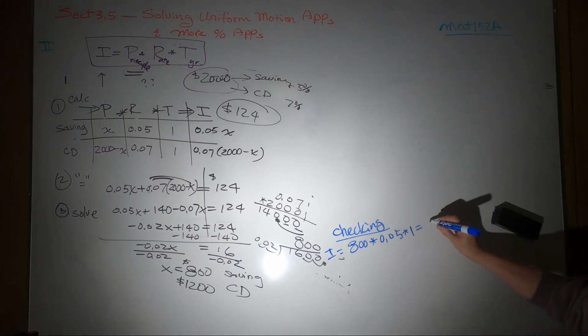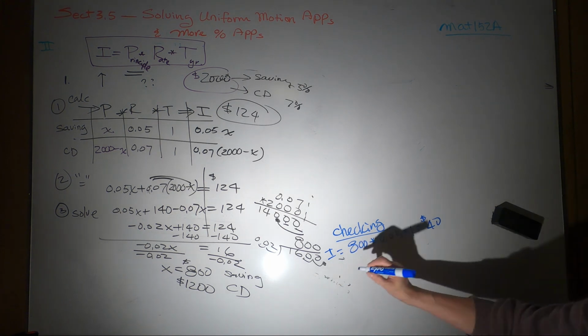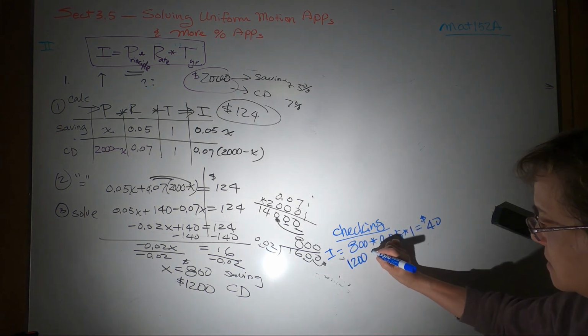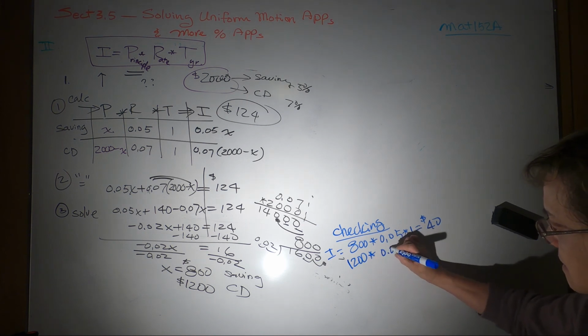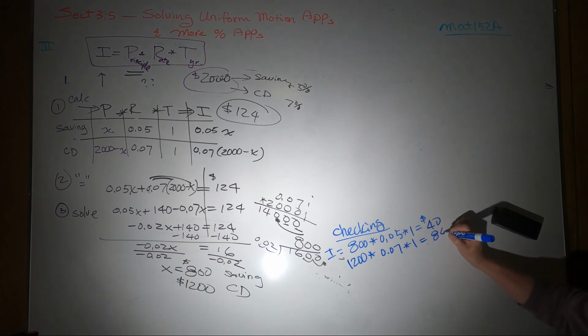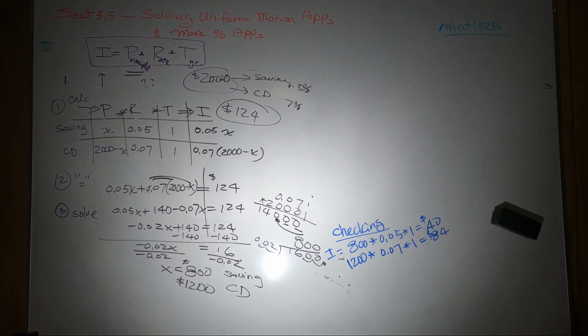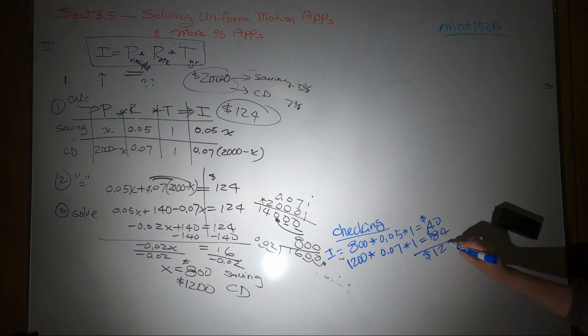So that would be $40, okay? For CD, it's $1,200. I equals PRT, right? That would be $84 for CD. What do you think? Total, how much will she have? $124. So you check this way.